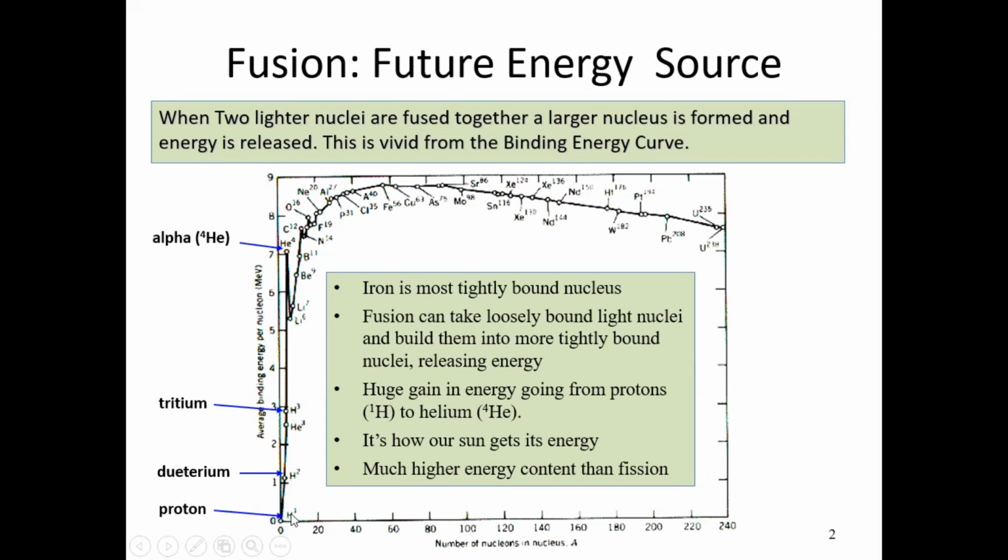The hydrogen isotopes, helium, the lithium, the helium-4, the lithium, the beryllium, boron, carbon, nitrogen, and then the other isotopes, and we reach here at the peak. It is iron, which is most tightly bound nucleus, and it has very high average binding energy per nucleons.